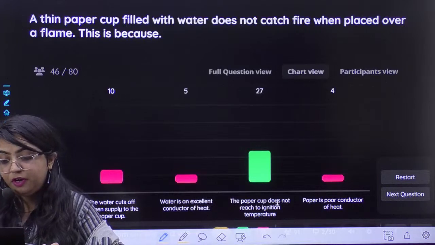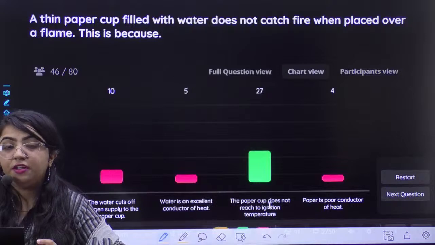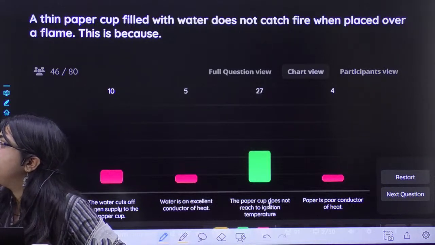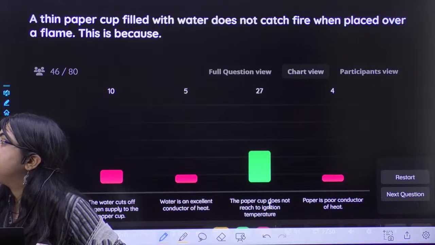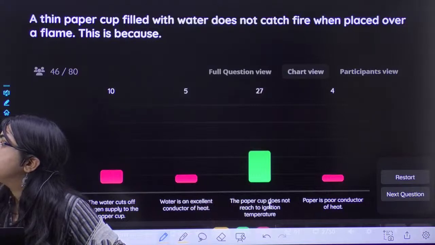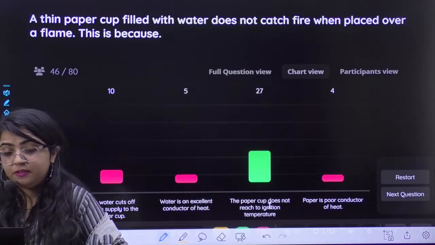Hence, paper will not reach its ignition temperature and burning will not occur. So I hope it's clear to you now. You can ask your queries in the chat box.